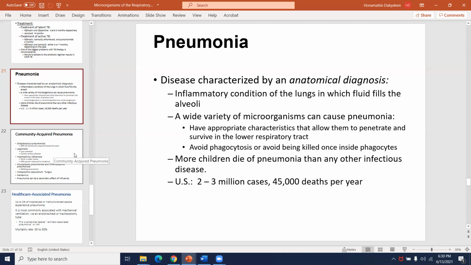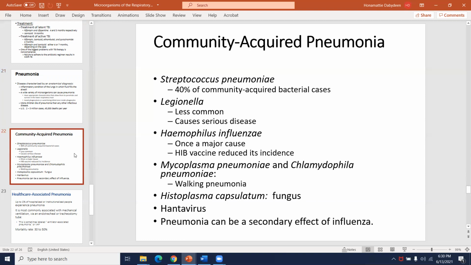Now, the reason I really wanted to talk about the general is because I want to talk about two types, or two categories, of pneumonia. One of them is community acquired, and then the other one is health associated pneumonia, like nosocomial pneumonia.